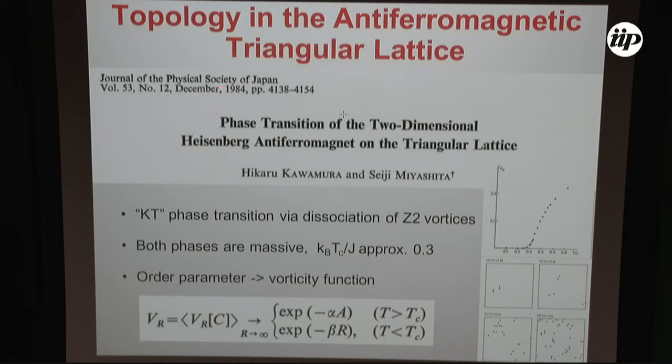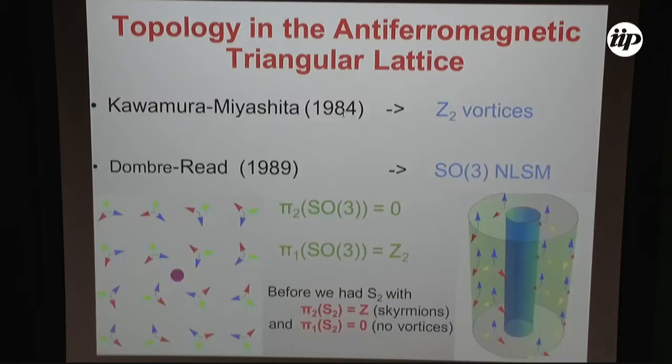And okay, so this was in '84, but Kawamura is still working on these issues, and he has a list of materials where these kinds of transitions could be observed. Okay, so as I said, in the triangular lattice for the antiferromagnetic case, we need more structure to describe the phase space, as already noticed by Kawamura and Miyashita.